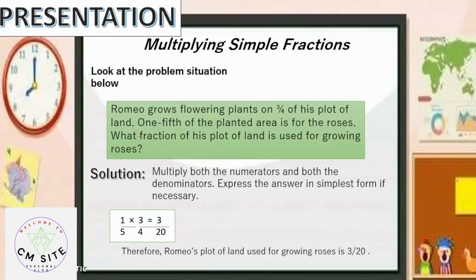So the solution for this, we are going to multiply both numerators and both denominators. So let's write our equation. So that is 1/5 times 3/4.